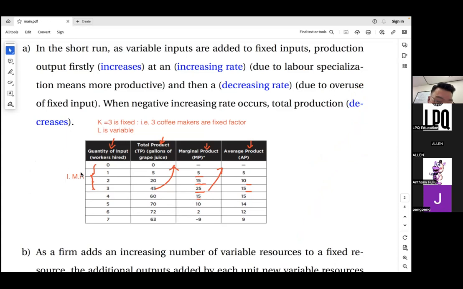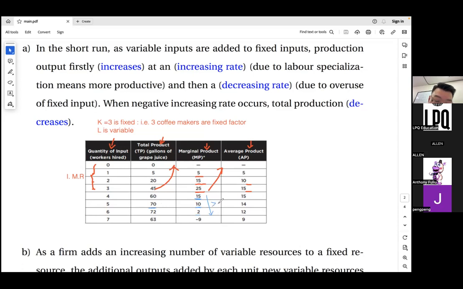Maybe change to another color. The next total production is 70, so the marginal production decreases from 15 to 10 because you do 70 minus 60. So here you see marginal production began to decrease.